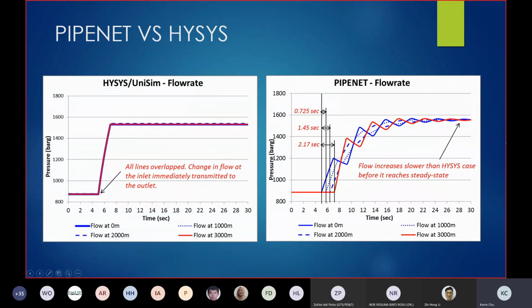So you can see that in Pipenet, the flow rate will increase slower than in the HYSYS case before it reaches the steady state. As for HYSYS, it just depends on how we increase the pressure. I think we increase the pressure in 3 seconds, then in 3 seconds you will reach the desired flow rate. I think the label here is wrong, it should be flow rate.